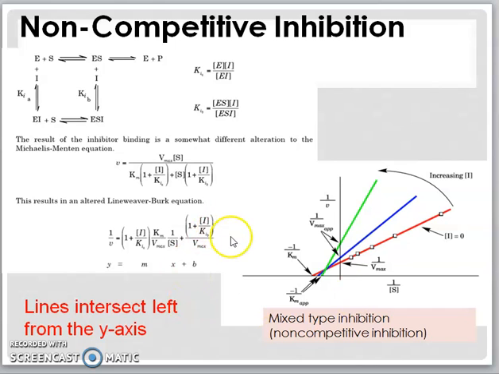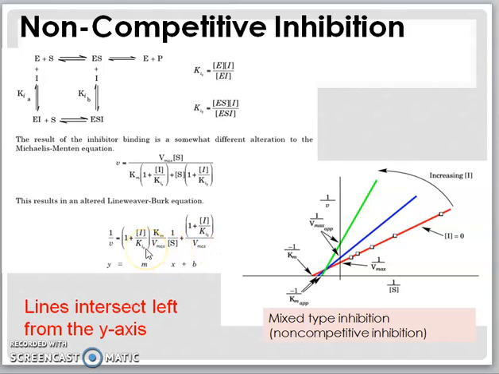To find the value of Ki, you can see the linear line equation of the Lineweaver-Burk equation here, and the involvement of the Ki value. From this equation you may be able to find the value of the Ki.